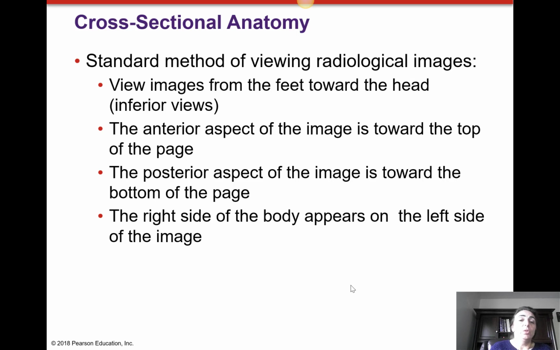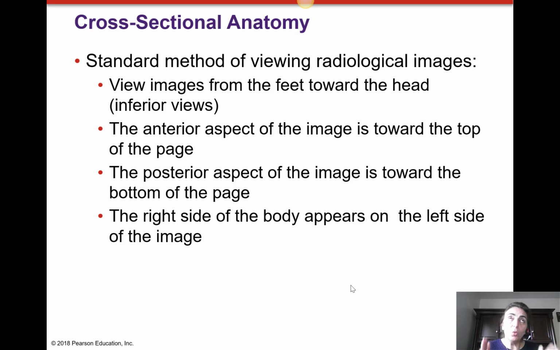You need to know this part: when you are looking at a cross-sectional view, like for example a CAT scan, you need at least to know how you are looking at it, which part of the body you are looking at. When you have one part and then you cut it, are you looking at the lower part that is left over?